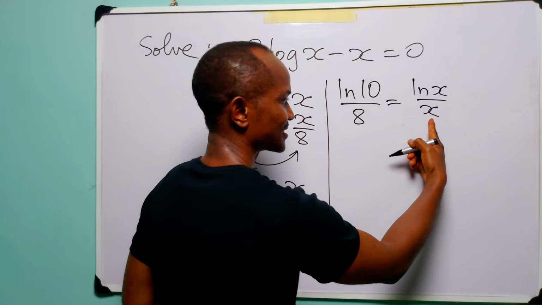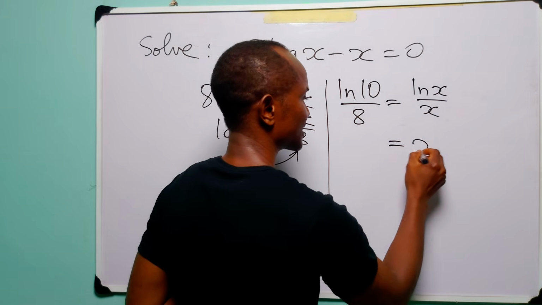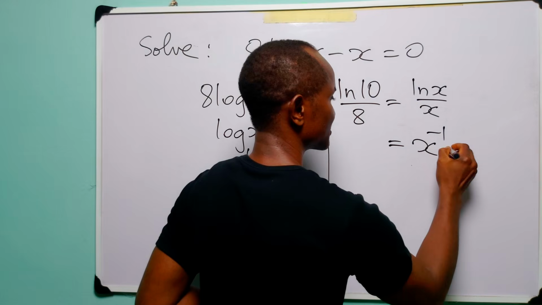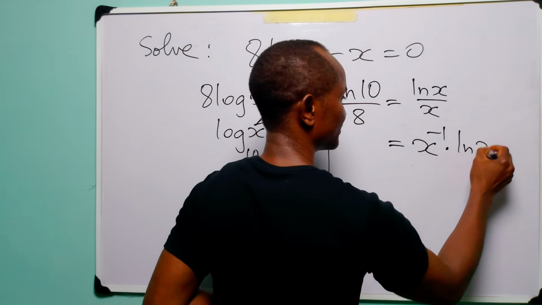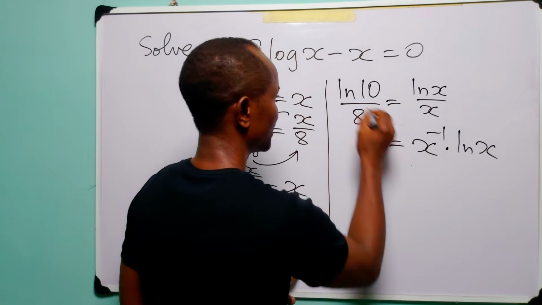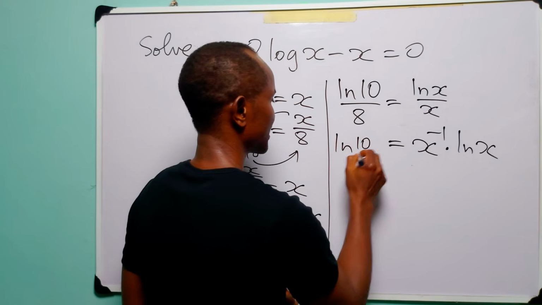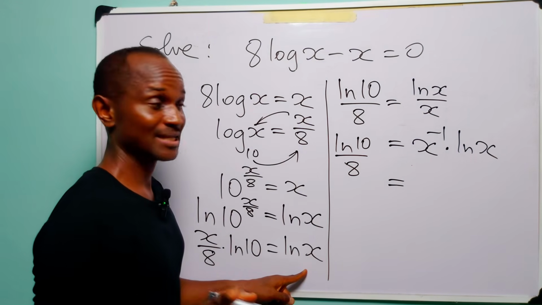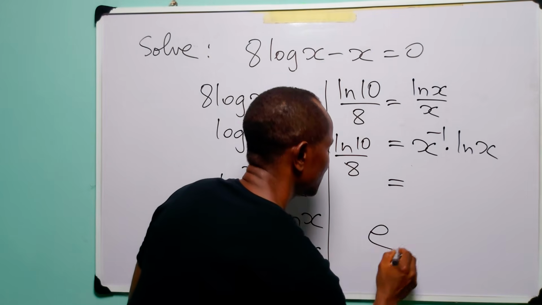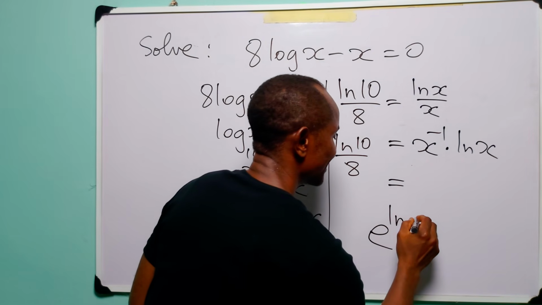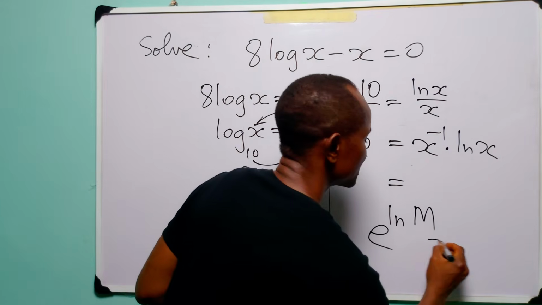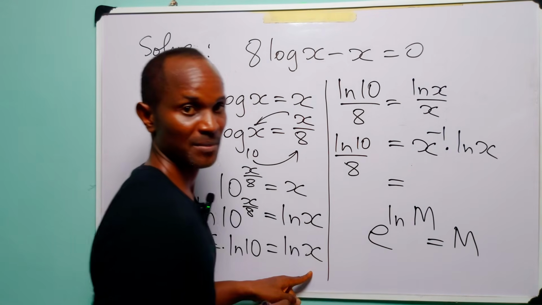Now, you know that when x is dividing, we can write it as x raised to power minus 1. And this is multiplied by ln x. Here we have ln 10 divided by 8. Now next, remember that when we have e raised to power ln any number m, this is simply equal to m.